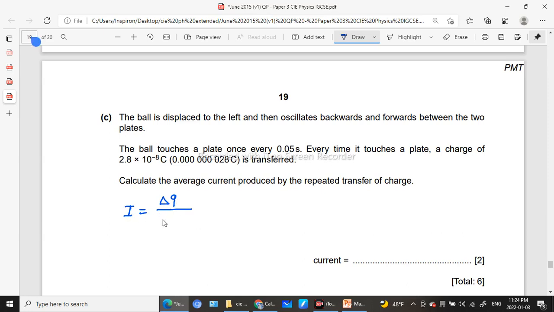Current I equals delta Q over delta T, the charge over the time. Two point eight times 10 to negative 8 coulomb over 0.05 second.